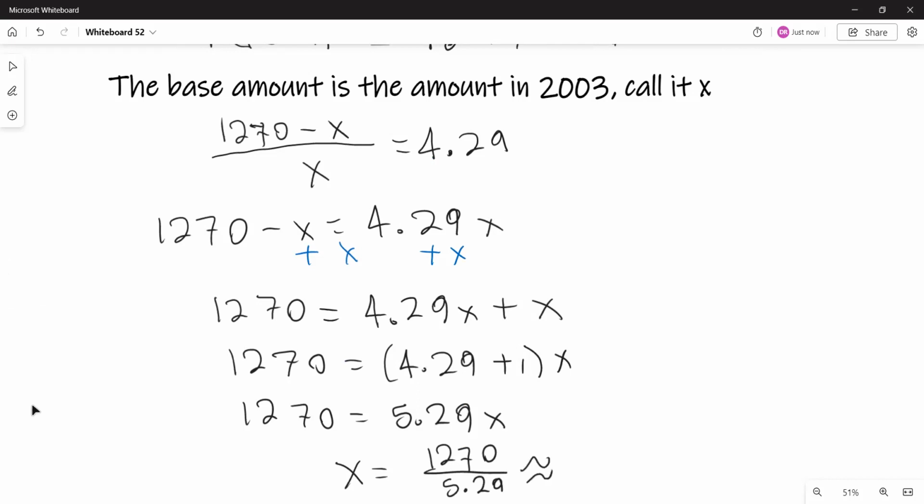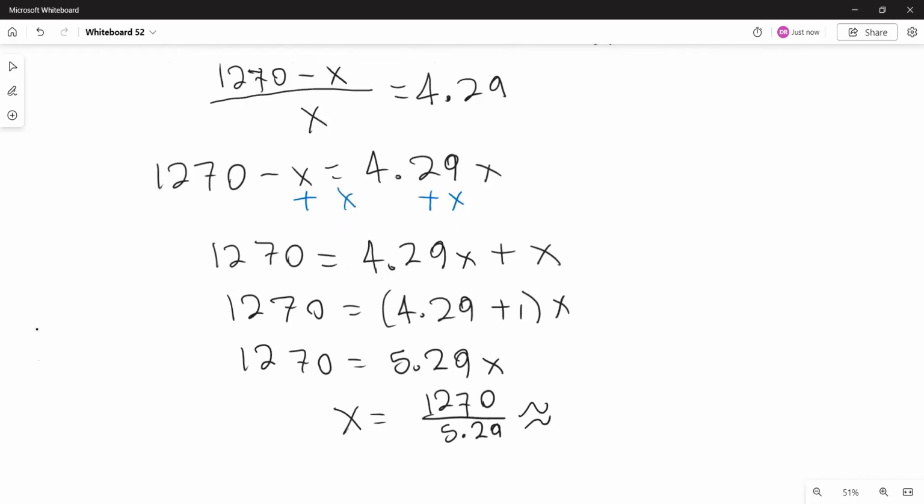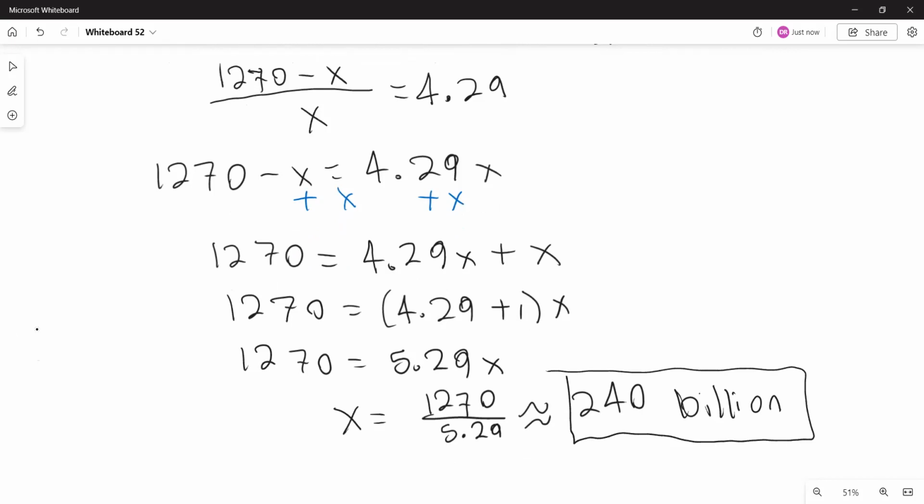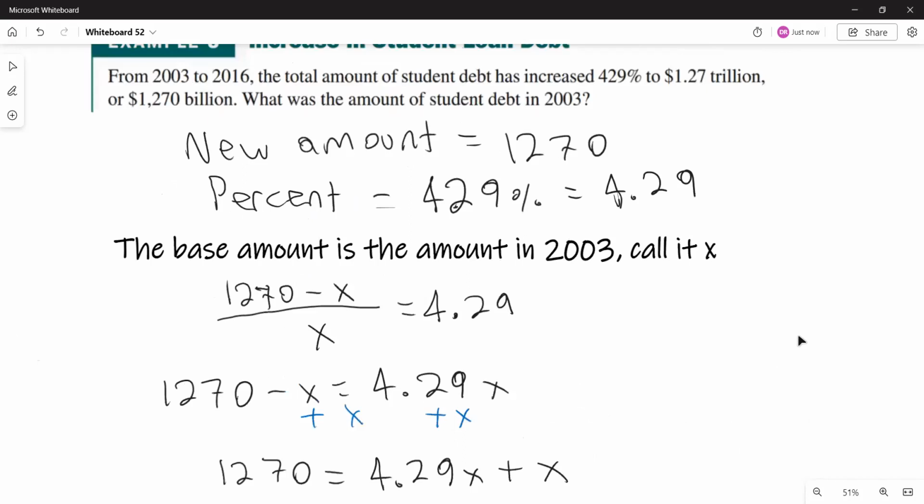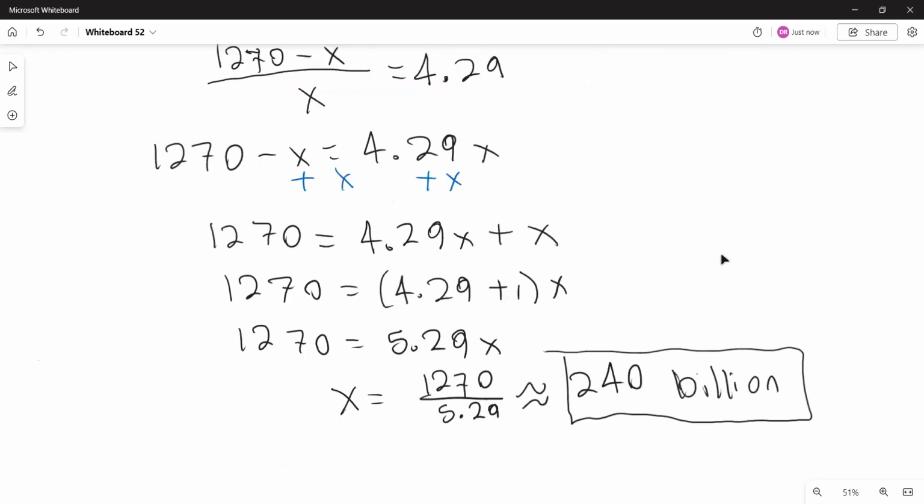That's about 240 billion. So that was the amount of debt in 2003. And in those 13 years, it increased from 240 billion to 1,270 billion, or 1.27 trillion.